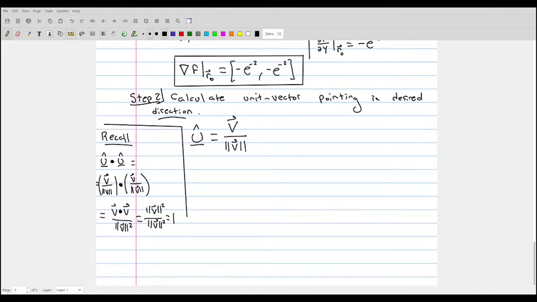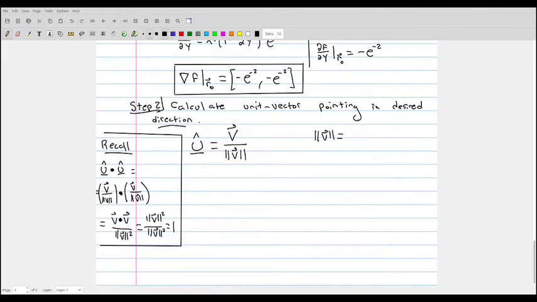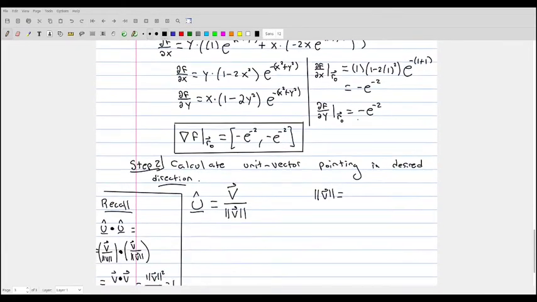So for any vector v, if it's not a unit vector, you have to normalize it and make it a unit vector by dividing by its length. So the length of the vector negative 1, 2 is going to be the square root of negative 1 squared plus 2 squared, or the square root of 5.